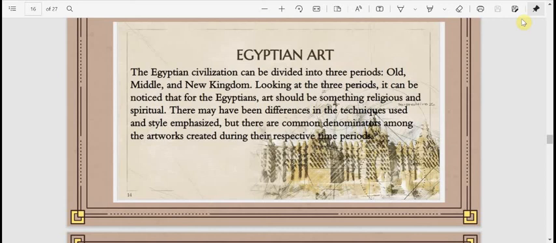There may have been differences in the techniques used and style emphasized, but there are common denominations among the artworks created during the respective time periods. Artwork in ancient Egypt were not just done by people who chose to do art because they were creative, but people who were well-trained were the ones who formed teams to do artworks.